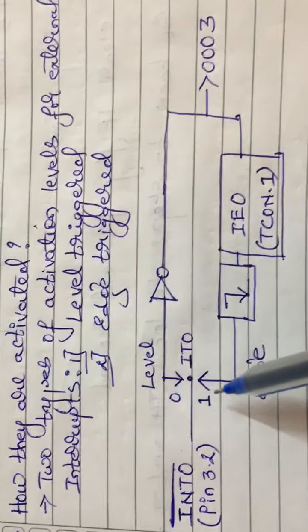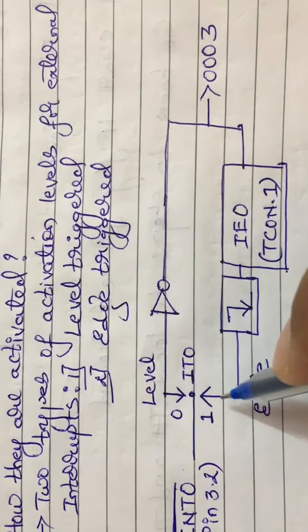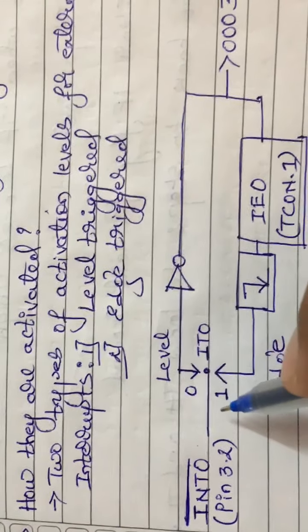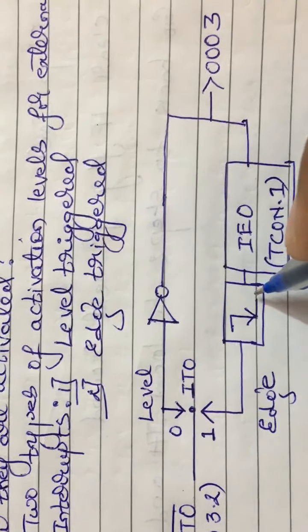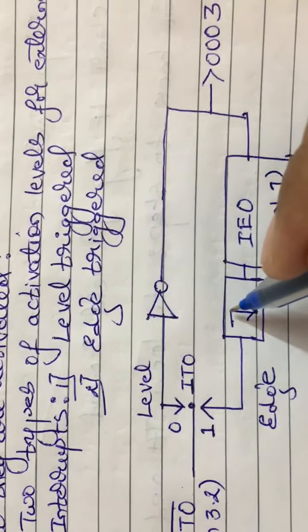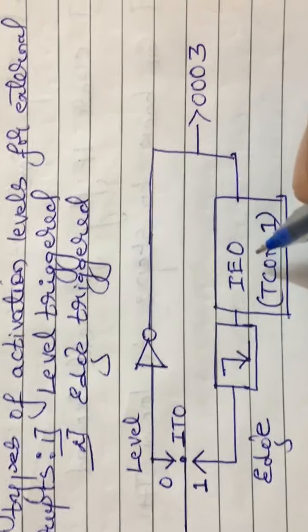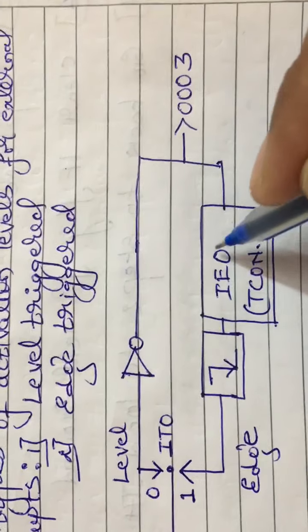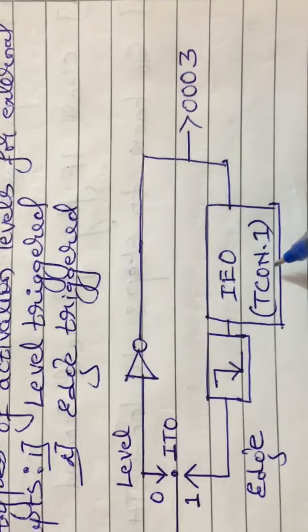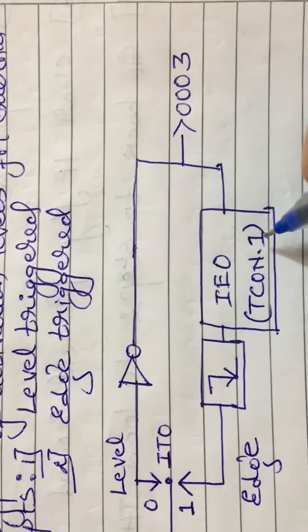Now if I take edge triggering, what has to be done is I send the signal from high to low. Here I am using the bit called IE0, which is there in the TCON register. You can refer to the TCON register, bit number 1.